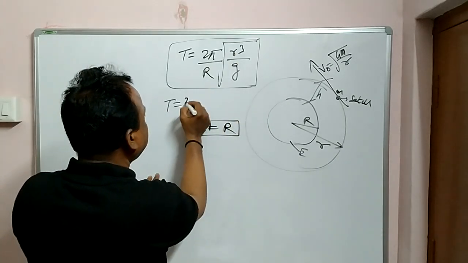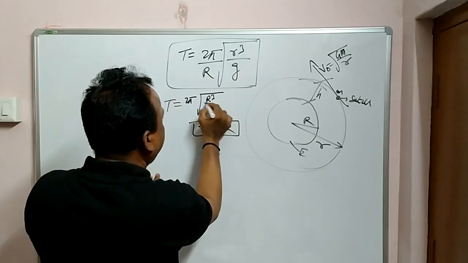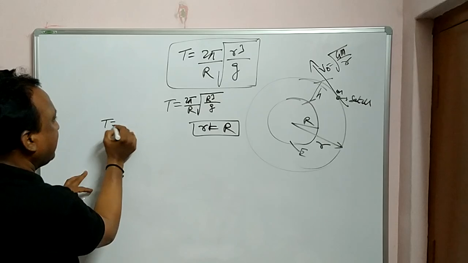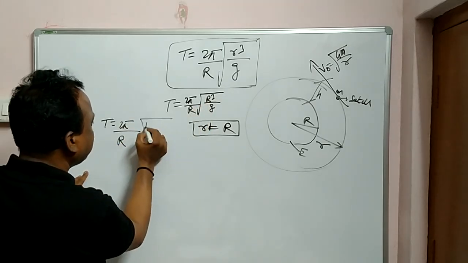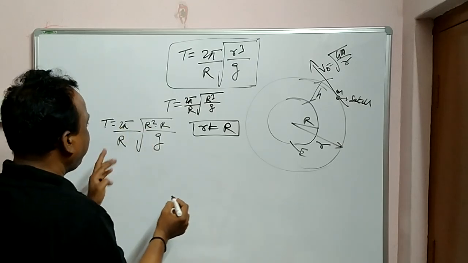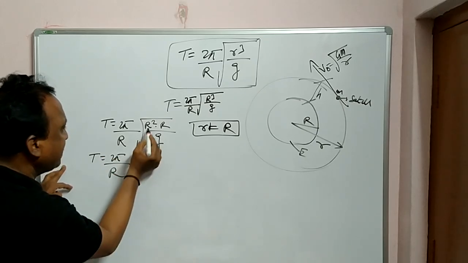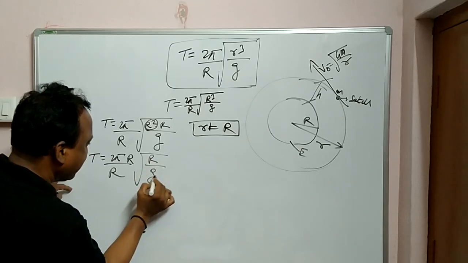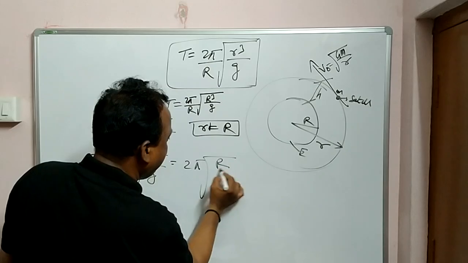Then putting into the formula, what does it become? 2 pi into, in place of r, capital R, R cube by g, divided by R. So finally, T is 2 pi by R, R cube I can write as R square into R by g. R square, square root comes outside, so R cancels and T is equal to 2 pi into root over R by g.